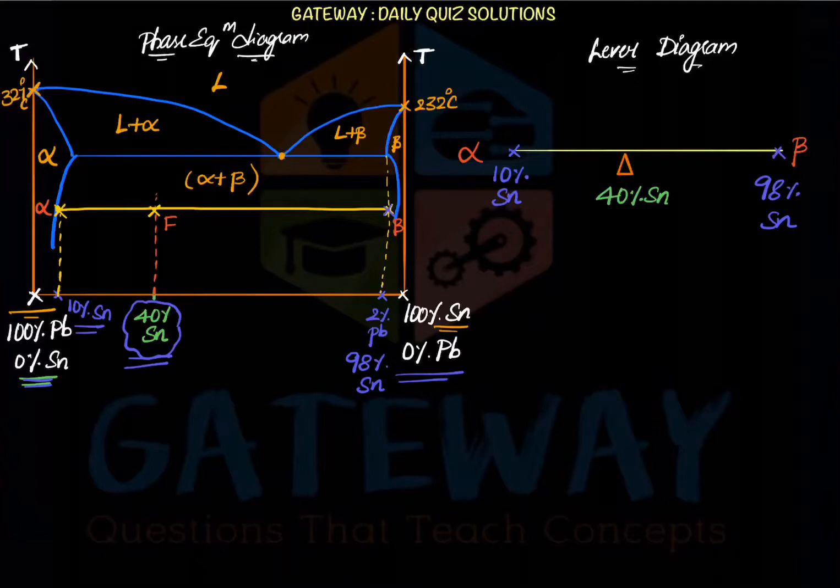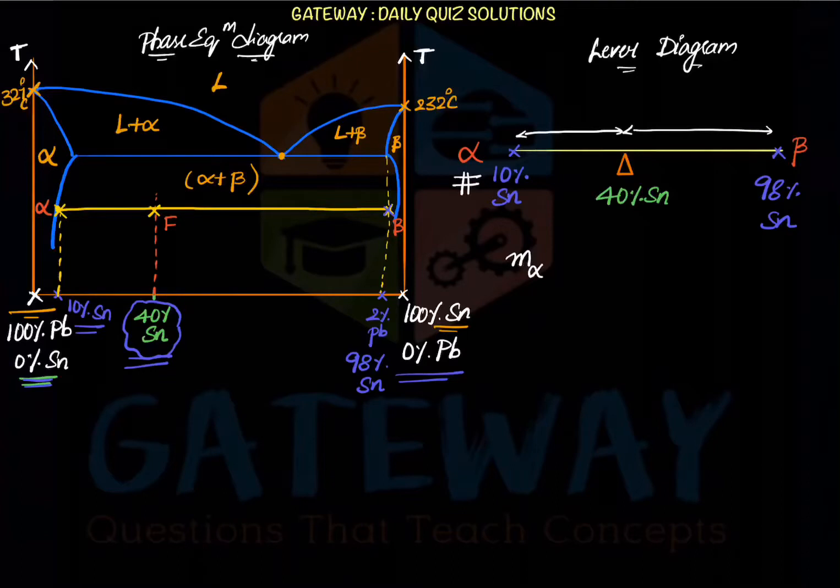Since we are taking Sn as reference, first by applying the lever rule we will calculate the mass, and from that, using the densities, we will calculate the volume. So initially, we will apply the lever rule here. By the lever rule, when we have to calculate the mass along the alpha, then you need to take the distance. This is called some distance.